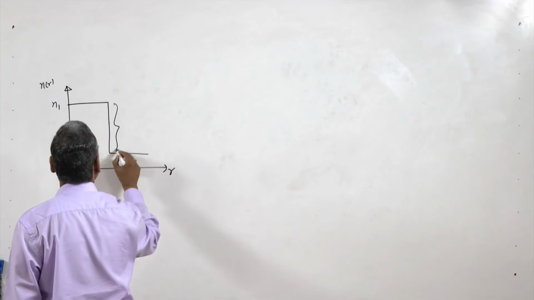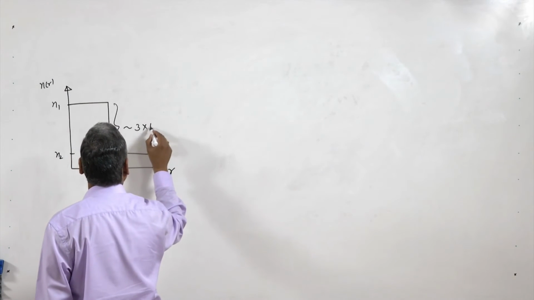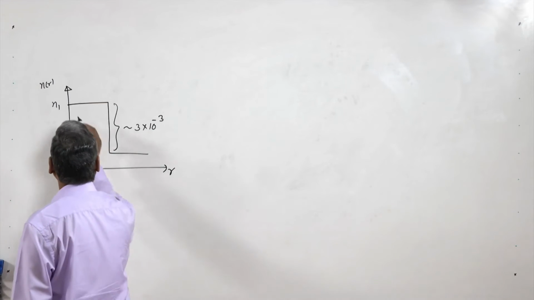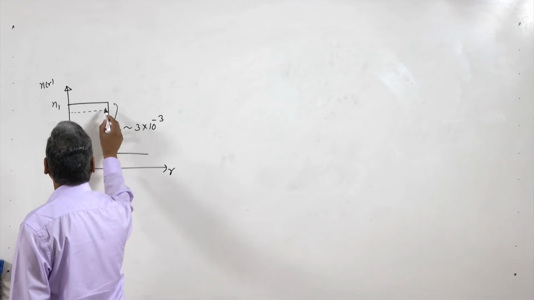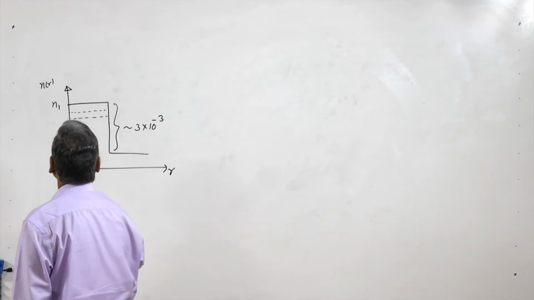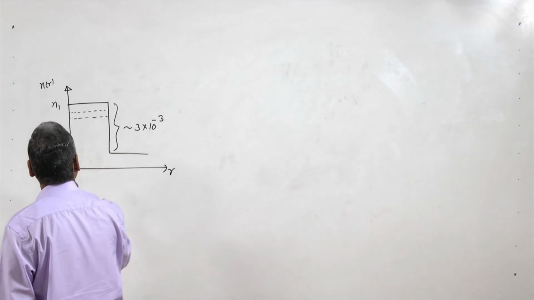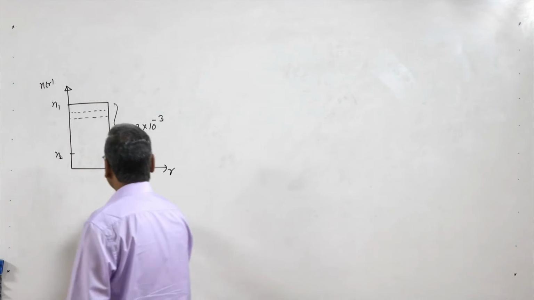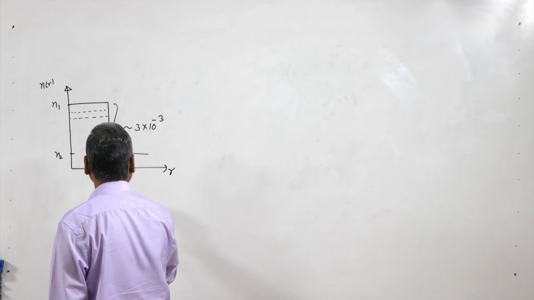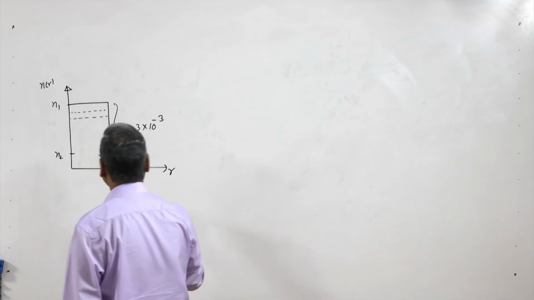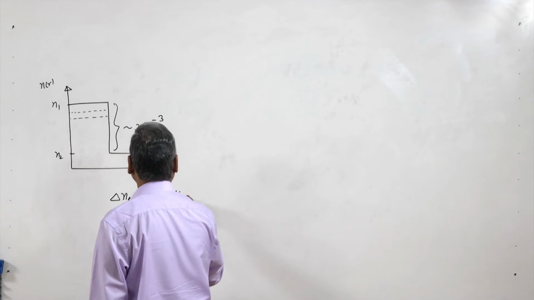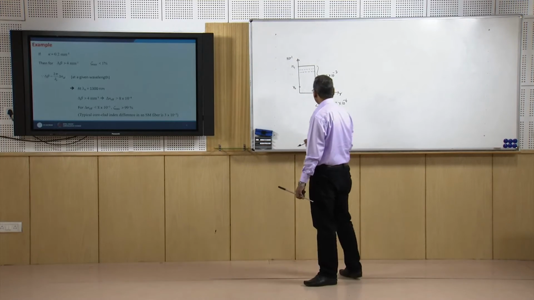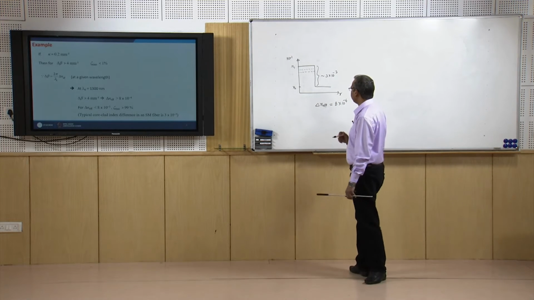This difference is typically 3 into 10 to the power minus 3, and here delta n effective, which is the difference between the propagation constants of two modes of two different waveguides or fibers, is typically 8 into 10 to the power minus 4. If it is greater than 8 into 10 to the power minus 4, then the coupling of power would be less than 1%.